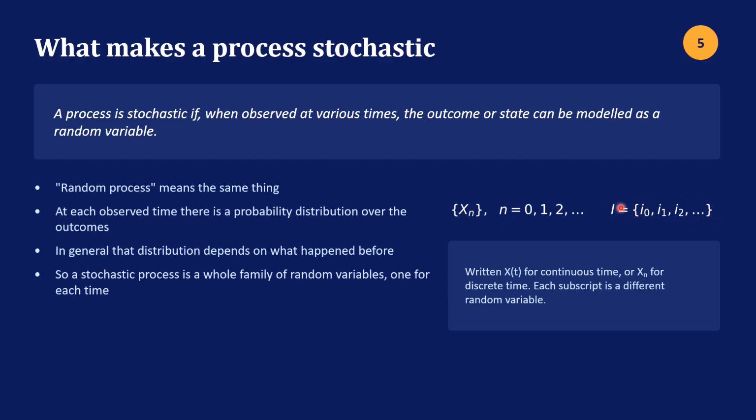This is the state space listed here. And then for a continuous time random process, we use t instead of n. So t could be typically any positive number, 0 or larger. So each subscript is a different random variable. And the collection of random variables, that family of random variables, is what constitutes a stochastic process.